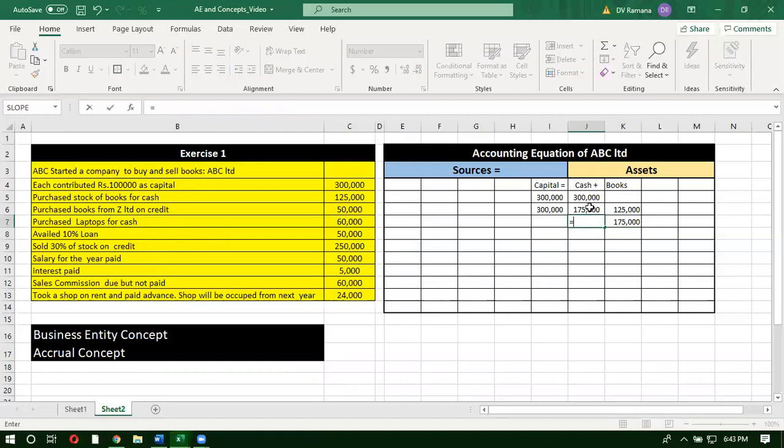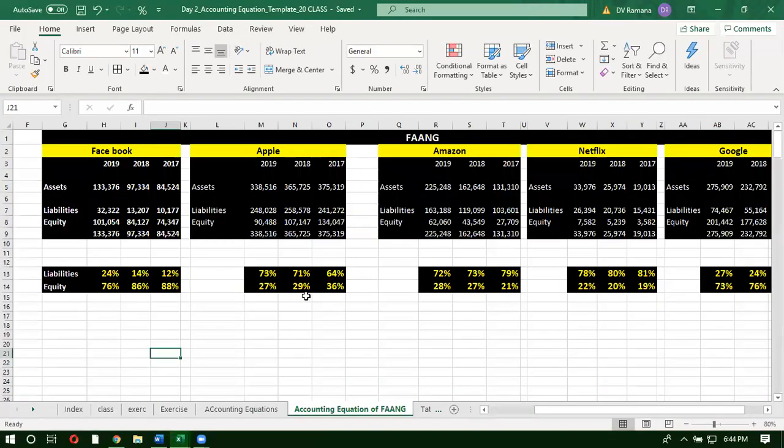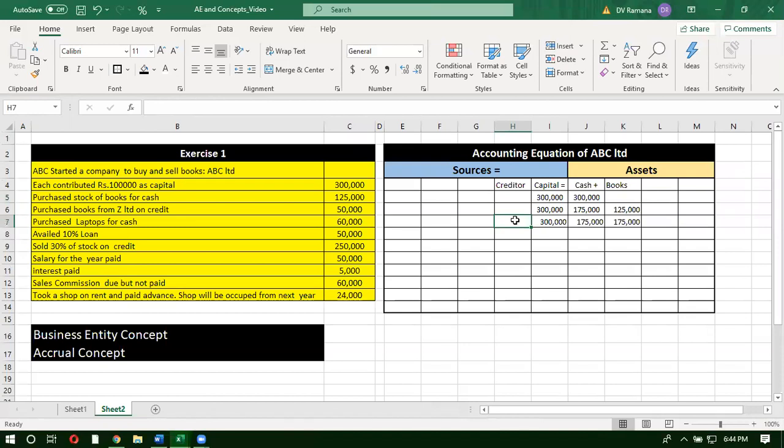No change in the cash, no change in the capital, but another source comes into picture and that is called the creditor. Creditor is a source and a liability.